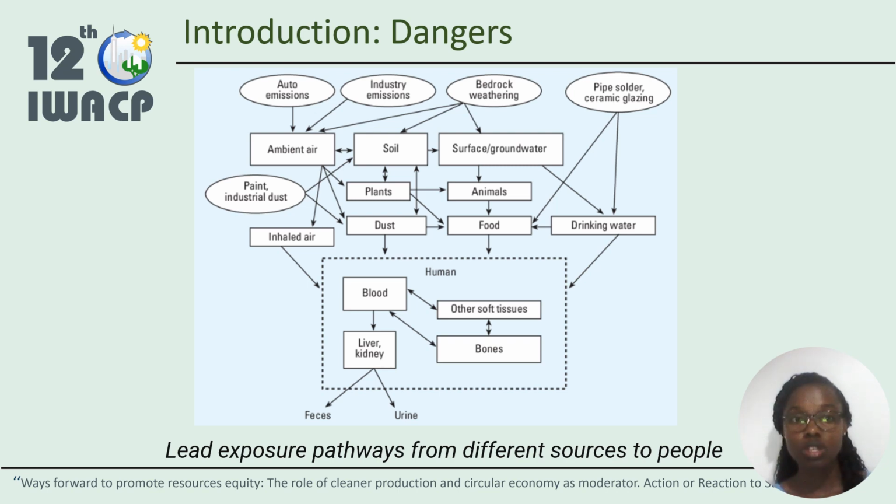Prolonged exposure can cause health issues, particularly to children's cognitive and behavioral development. The EPA lists lead as a priority pollutant due to its widespread use, bioaccumulation, persistence, and toxicity.